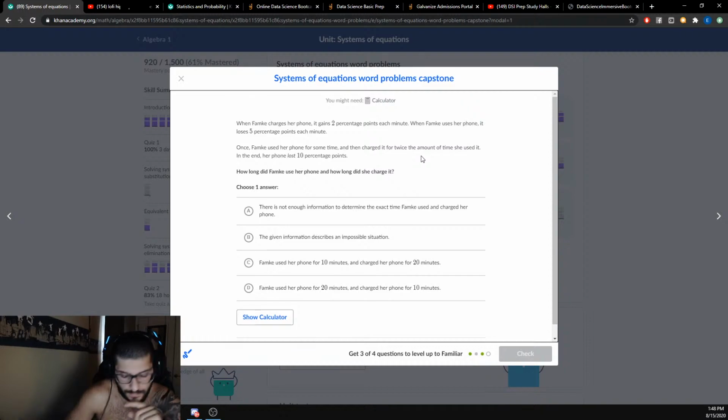Oh, this one's tough. So when Femic charges her phone, it gains 2 percentage points each minute. So it's 2x. When Femic uses her phone, it loses 5 each minute. Minus 5y.